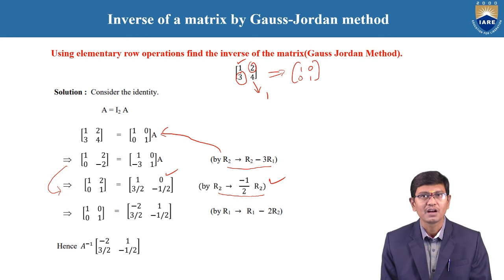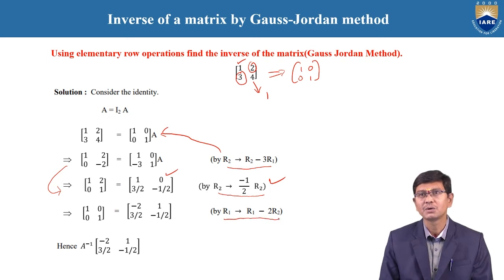Finally, we observe that the LHS matrix is reduced to 1 2, 0 1, but again we require the unit matrix form on the LHS, that is 1 0, 0 1. Therefore, we need to change the 2 to 0. With the help of the first row and second row, we apply R1 equals R1 minus 2R2.